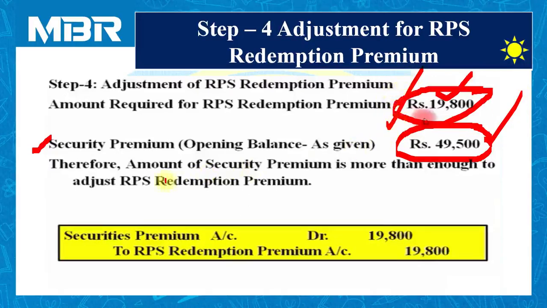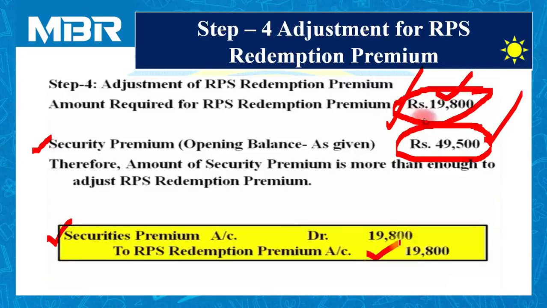Suppose the amount of security premium is not enough, then we can utilize our profit and loss. So the journal entry for this transaction: security premium account debited 19,800. We need only 19,800 rupees in order to adjust RPS redemption premium, so we have utilized it to RPS redemption premium account 19,800.